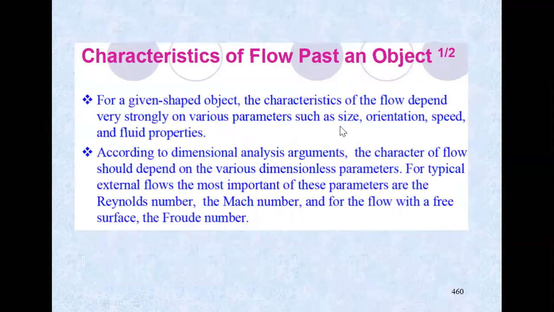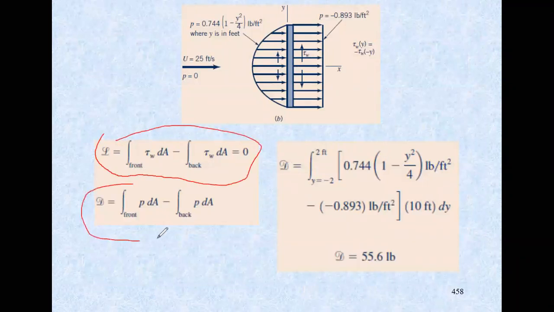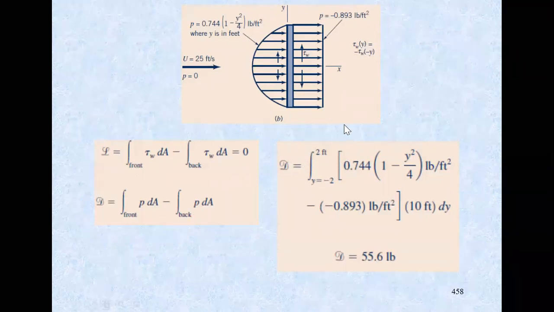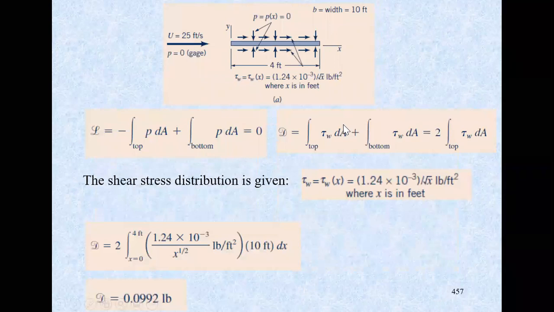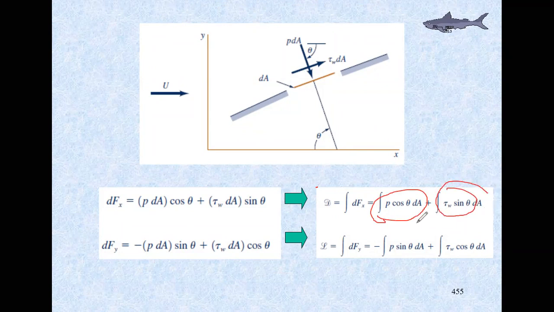Okay, just to revisit this one a little bit. The lift and the drag are a function of two components. Oh, this one is not representative. Let me go back a little bit. This one, yeah, this one. So you see here is a combination of the pressure and shear stress.